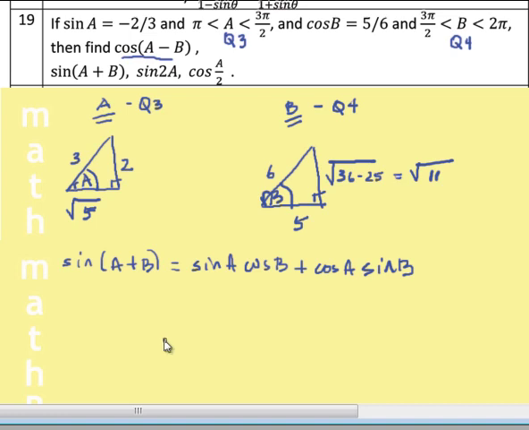Next, we want to find sine A plus B, so I wrote out that sum formula, and let's just fill in what we have. So let's see, we have sine A is minus 2/3, so I'll put that here. And we have cos B is 5/6, so I'll put that here.